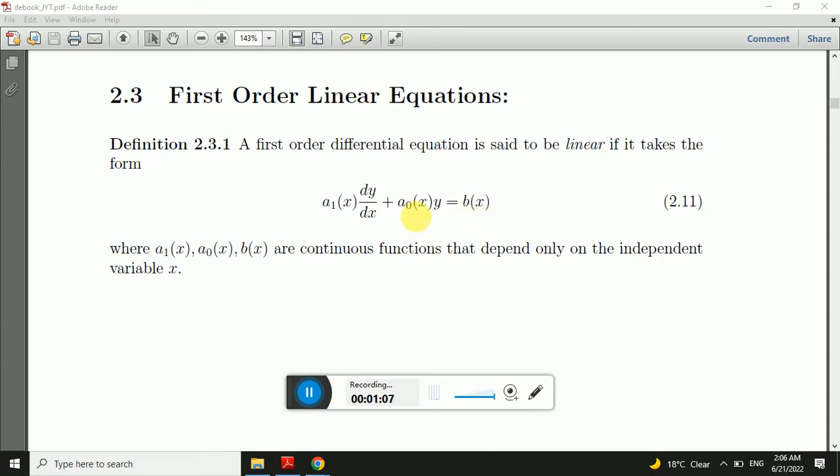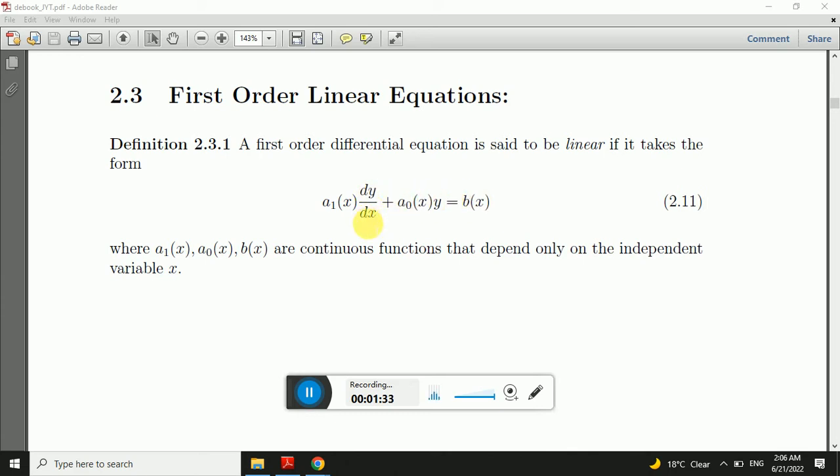So this means that when you look at dy dx, its coefficient should be a function of x. Then when you look at y, its coefficient should be a function of x. And when you look at what is on the right hand side, it is also a function of x.